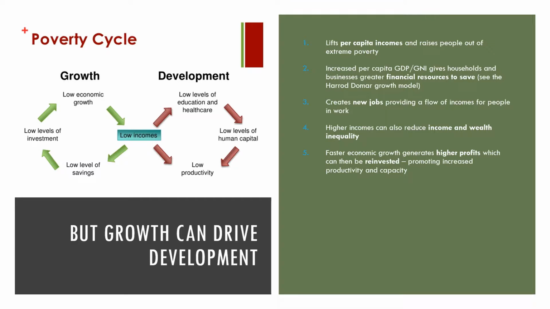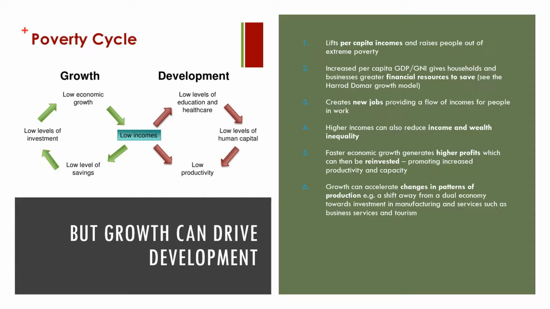Faster economic growth can generate higher profits which can be reinvested, promoting increased productivity and capacity. Through economic growth, countries may shift away from more agricultural-based products to manufacturing and tertiary sectors. Economic growth can generate higher tax revenue for the government, who can then provide more welfare state and essential public services.